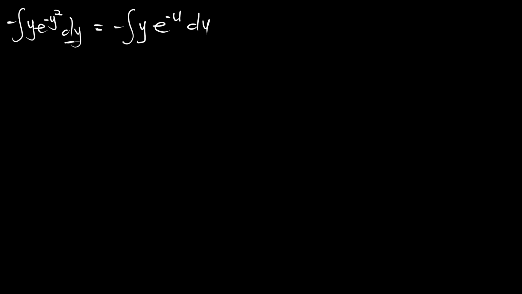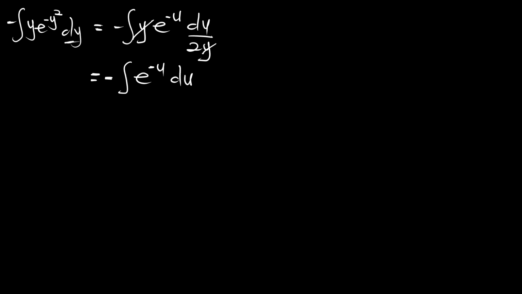At the end of the day, my negative integral of y e^(negative y²) dy is going to be negative, I still have my y, remember y² is now u, and dy is going to be du over 2y. This will take care of this, giving me negative e^(negative u) with respect to u. This is now simple.